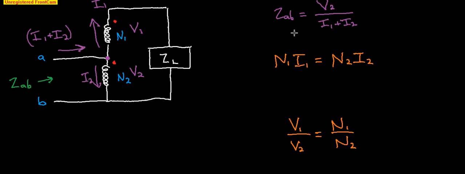So let's manipulate these to see if we can get an equation out of them. From this first one, we can say that I2 is going to be equal to N1 divided by N2 times I1. So this is one expression.